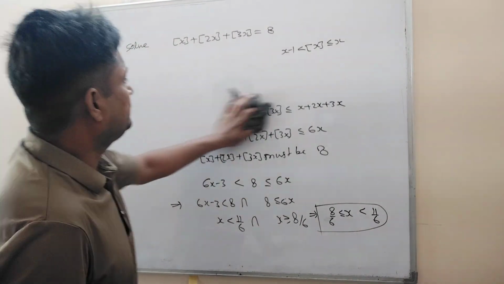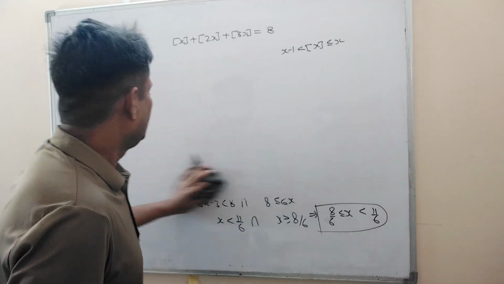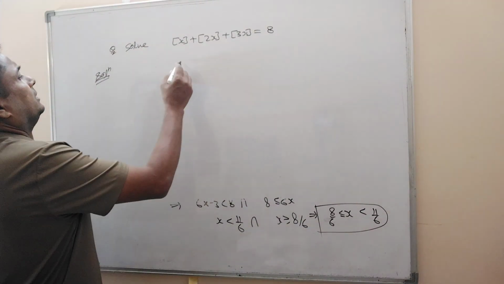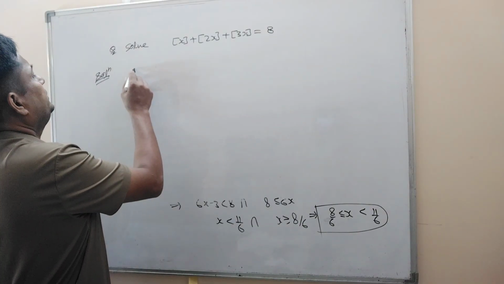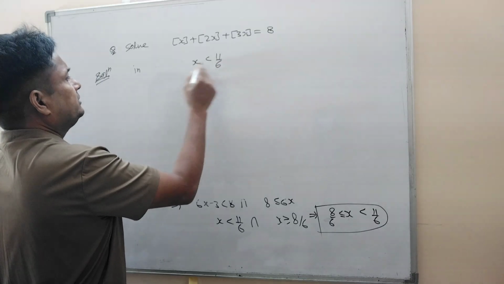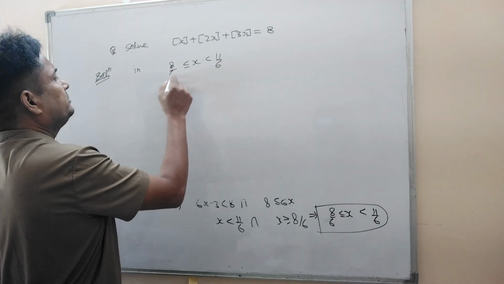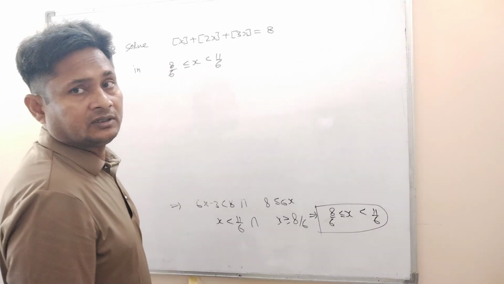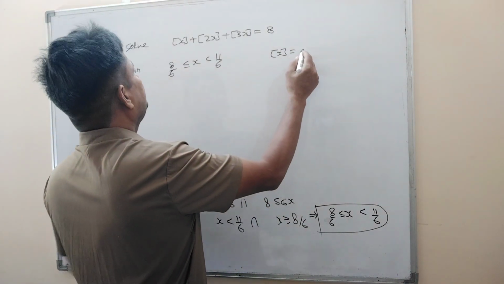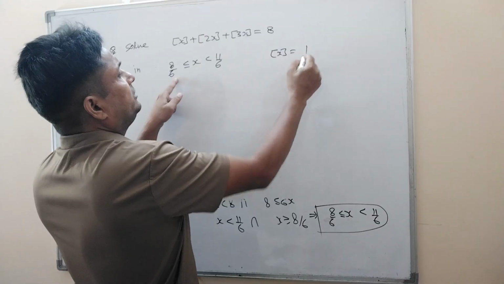So next, consider this interval: x less than 11 by 6 and greater than or equal to 8 by 6. What will the greatest integer be? This will be 1.